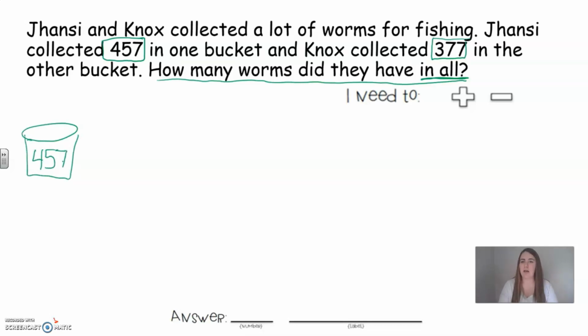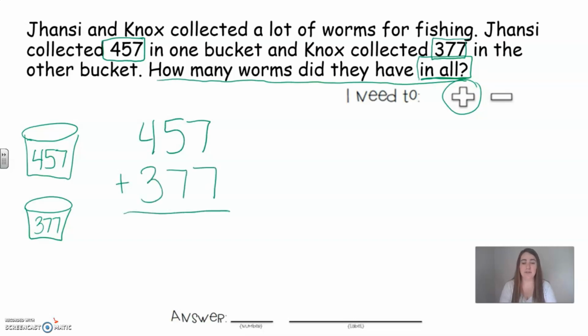So right now, I'm writing down that Johnsy collected 457 in one bucket, and now Knox collected 377 in the other. So I need to figure out, am I going to add these two numbers or am I going to subtract them? If I want to know what they have in all, you tell me. Did you say add? Because you're right. Yes, we are going to need to add our two numbers to figure out how many worms they had in all.